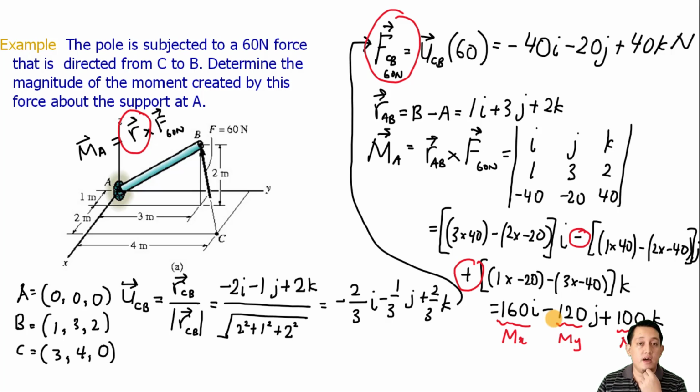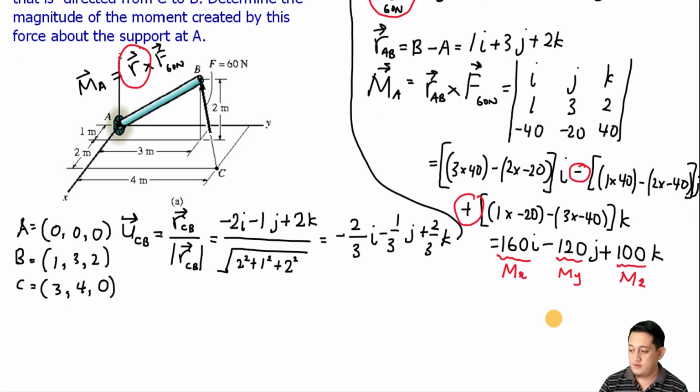When we want to find the magnitude of a vector, regardless of distance, force or anything, we must use the square root of MX squared plus MY squared plus MZ squared, just like how we calculate the magnitude of force and distance.